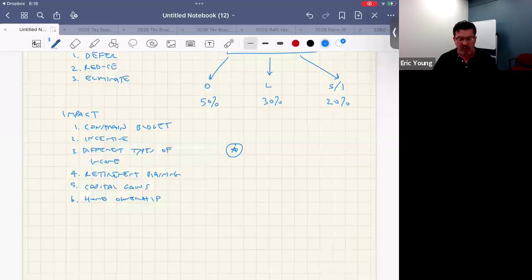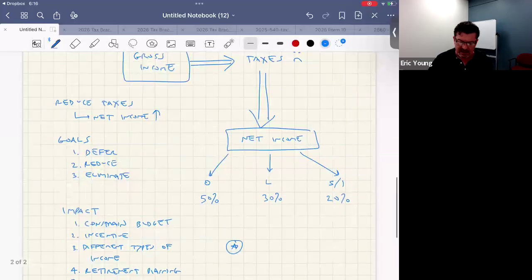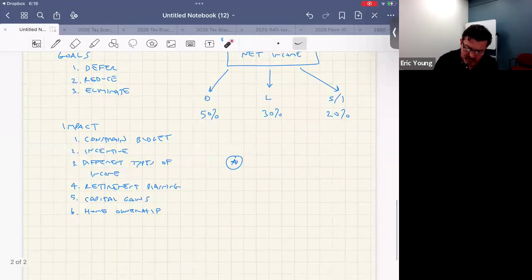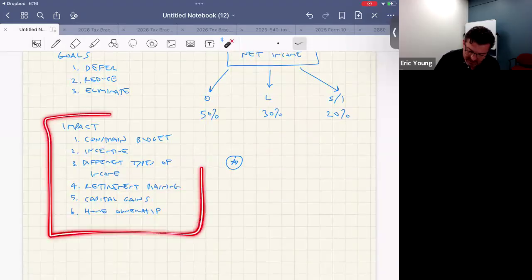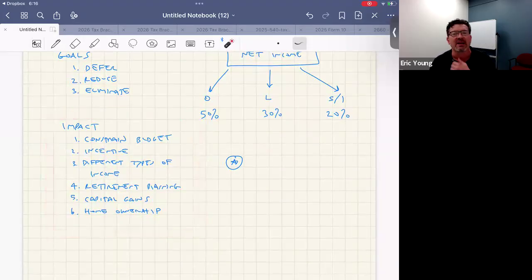Okay, so we're going to take a look at the mechanics of taxes, but I don't want you to ever overlook the impact. And not just the impact on your day-to-day cash flow, while that's important, but the bigger picture that ultimately the tax code represents the government's preferences for things that they want you to do more or less of.